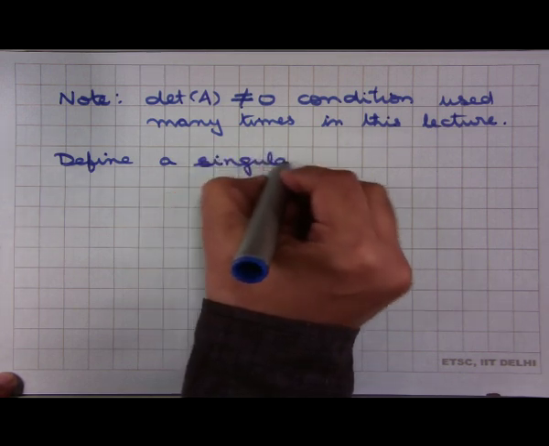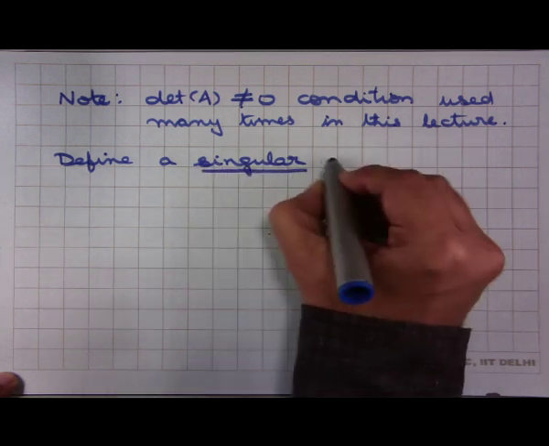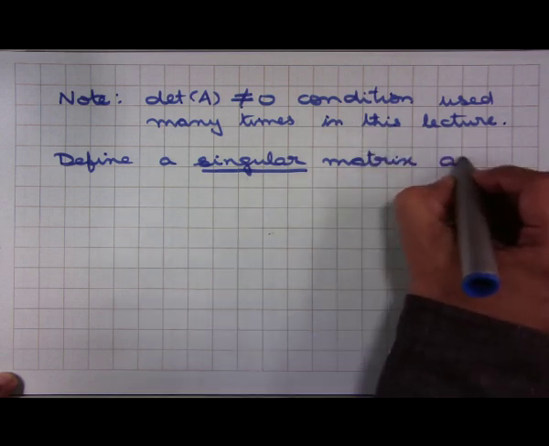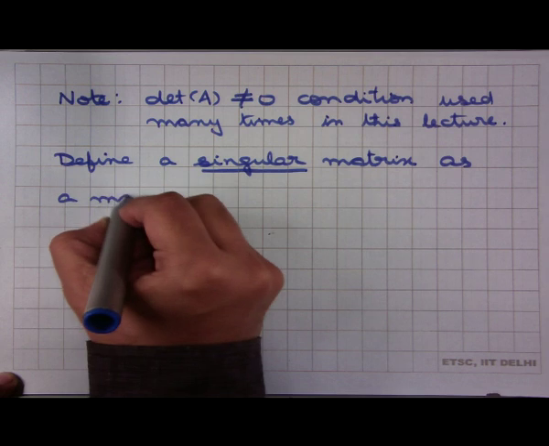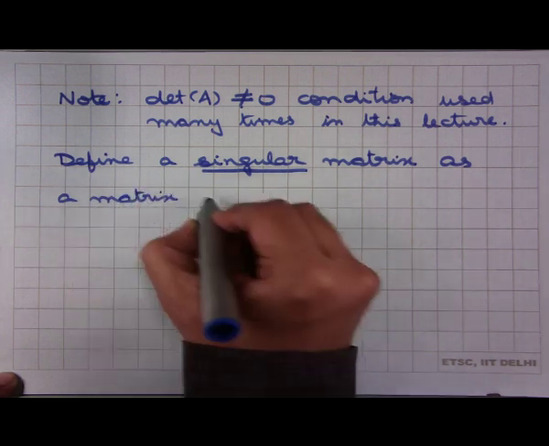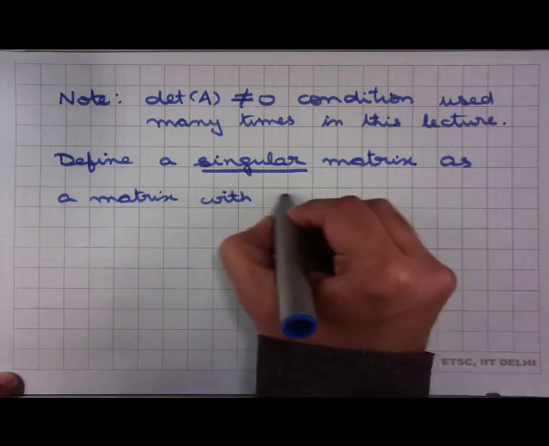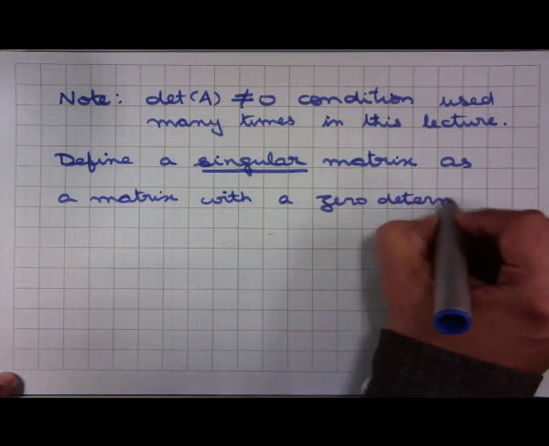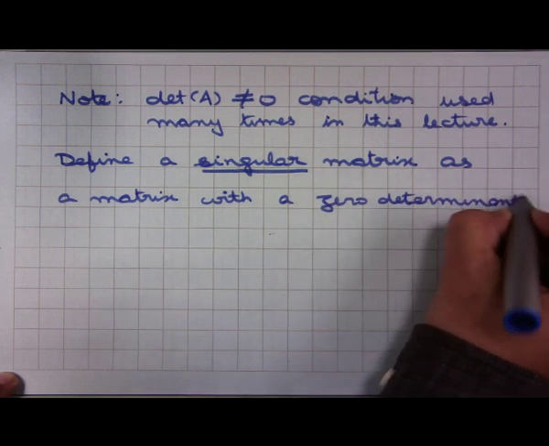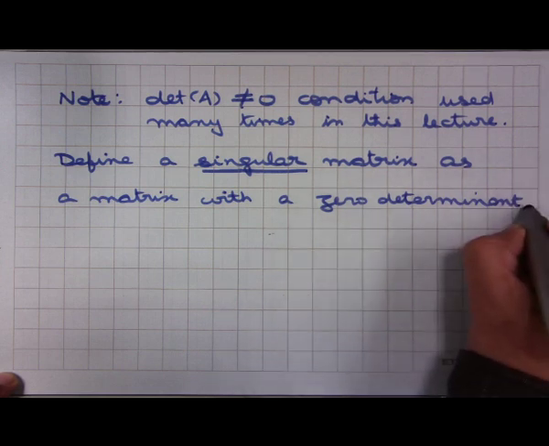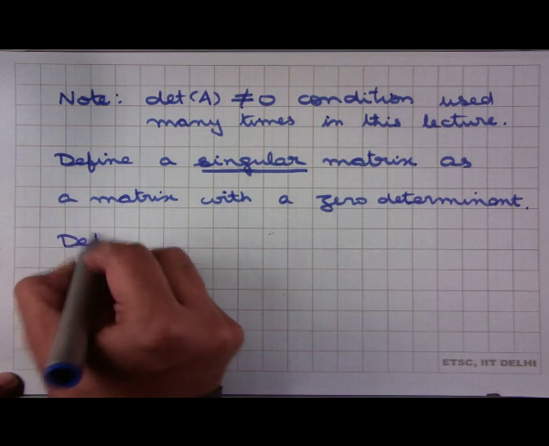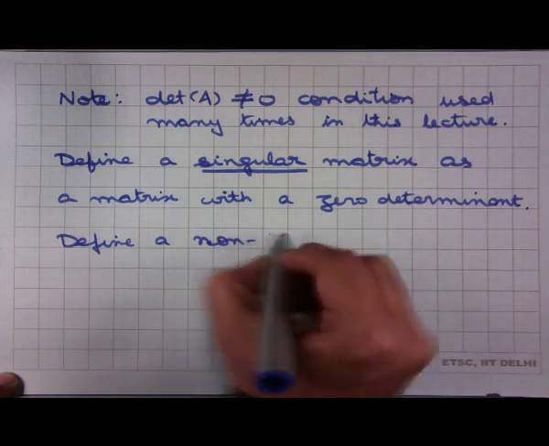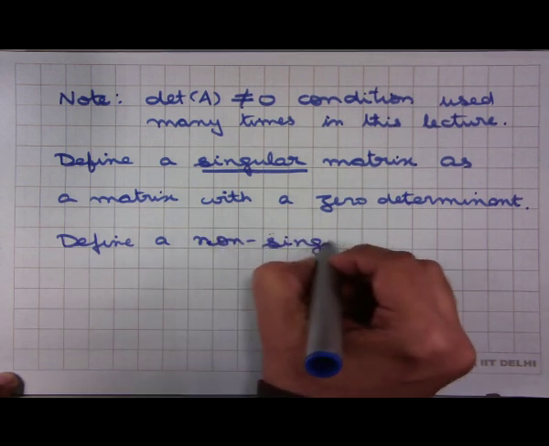This is a new word that we are using here. We are defining a singular matrix as a matrix with a 0 determinant, and analogously we are going to define a non-singular matrix. What is going to be a non-singular matrix?